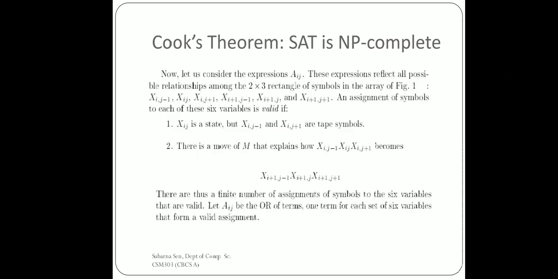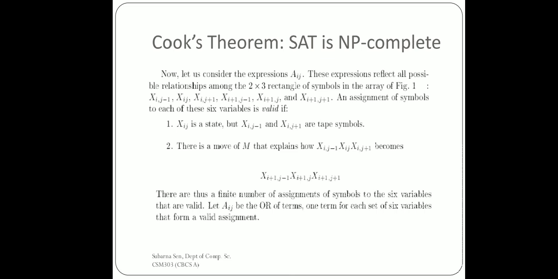Now if you remember the table, there were these symbols. If we consider these 6 symbols, that is Xi,j-1, Xij, Xi,j+1, and for the next I counter 3 symbols, it will be valid if Xij is a state but Xi,j-1 and Xi,j+1 are tape symbols.